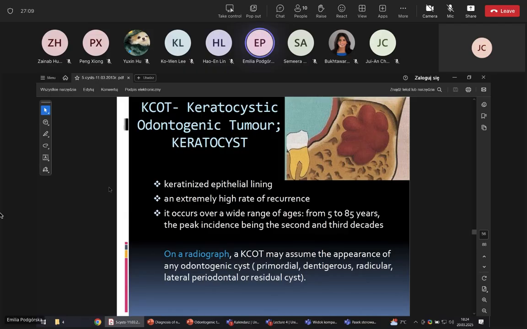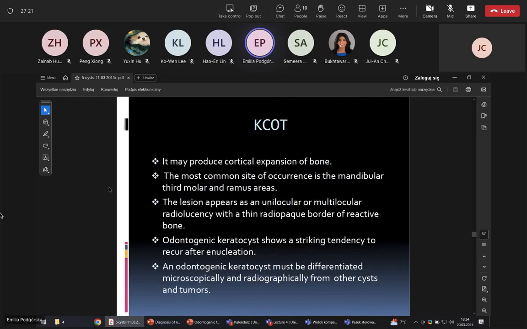On the radiograph, KCOT may assume the appearance of any odontogenic cyst: primordial, dentigerous, radicular, lateral periodontal, and residual cyst. It may produce cortical expansion of bone. The most common site of occurrence is the mandibular third molar and ramus areas.